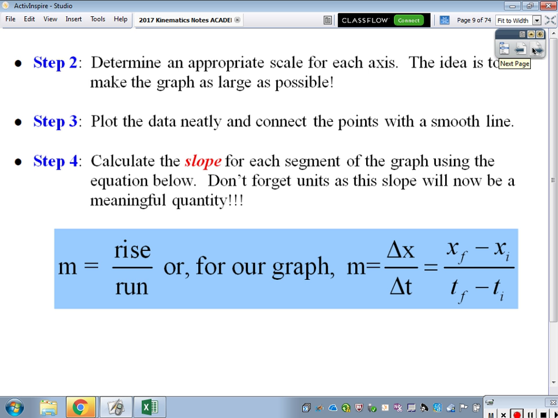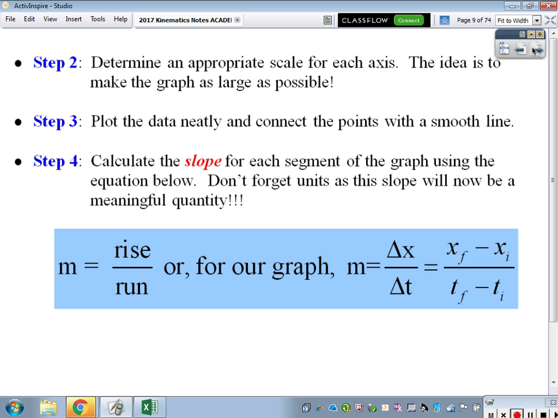Step 2 is probably the most important in all graphs. We need to figure out an appropriate scale for each axis, and our goal is to make this as large as possible. For those of you that haven't figured this out yet, I'm fanatical about details. On graphs where I provide you data, I typically go as far as to provide a very specific grid to use.